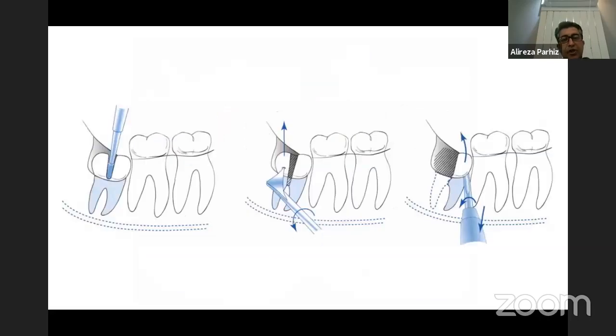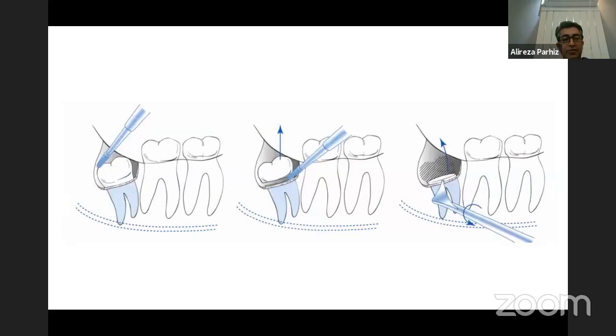In a vertical impaction, we can separate the tooth into two parts by a vertical cut in the middle of the tooth, and remove each part separately. Of course, the first part will be the distal one.